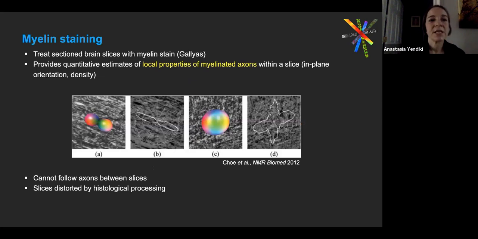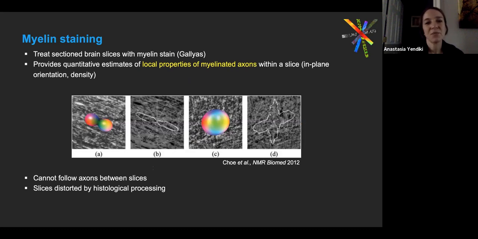Myelin staining has been used to give us estimates of the local properties of myelinated axons within a slice. So they give us all the orientations of all the axons that are crossing or branching or what have you in a certain area.